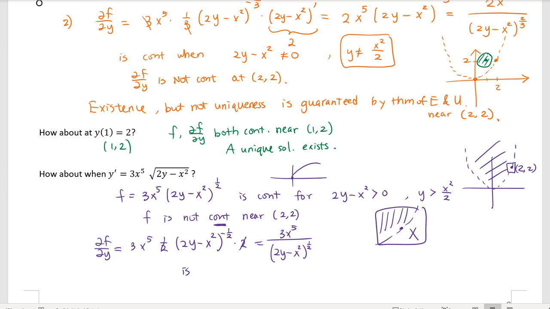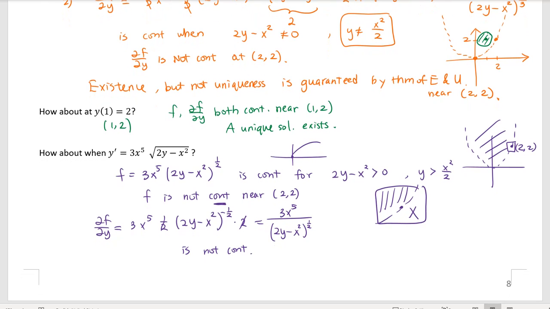And of course, this is not continuous as well. So that's why we have f and partial f partial y both not continuous, so we say neither existence nor uniqueness is guaranteed by the theorem of existence and uniqueness near that point.